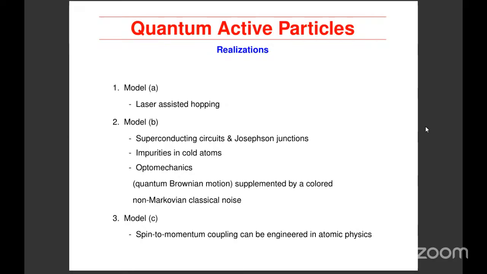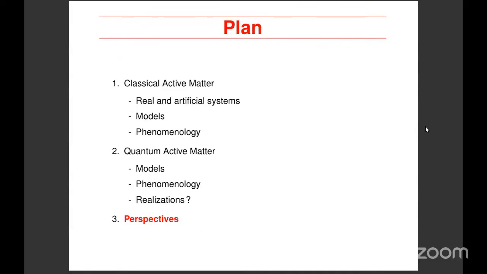But then you can add a classical noise of a different kind, non-Markovian classical noise. This is also easy to implement in this context. So the model B, the active Ornstein-Uhlenbeck particles, could also be realized in the lab. And the last one, spin to momentum coupling, can also be engineered in atomic physics. So in principle, these things can be done.